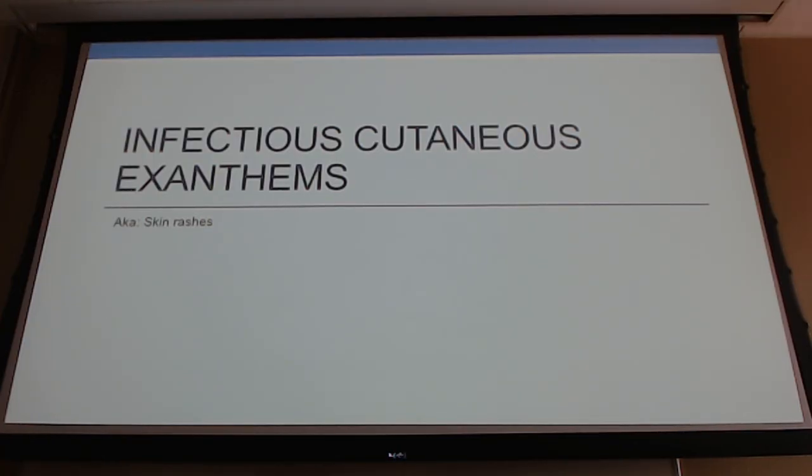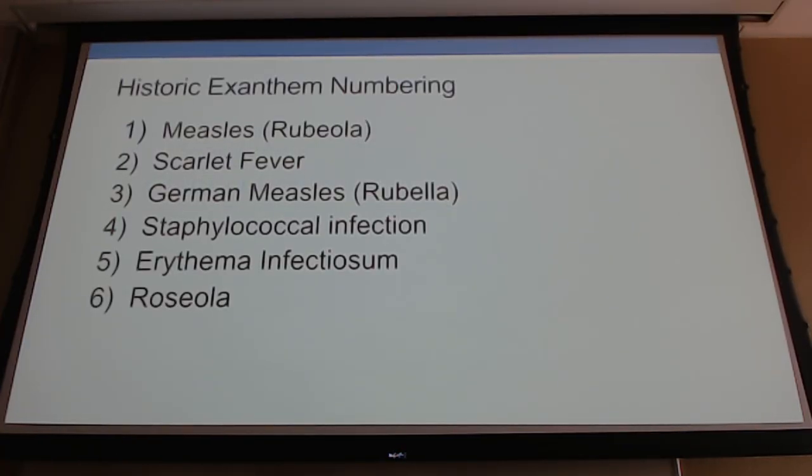So all of these are the classic childhood exanthems that we see. And this came from the history, you guys know I like some of the nerdy medical history. Back when we didn't have PCR, we didn't have viral testing, they had patterns. They would look and see what is the pattern of this child's illness, and what is the pattern of the rash. And they had a numbering system.